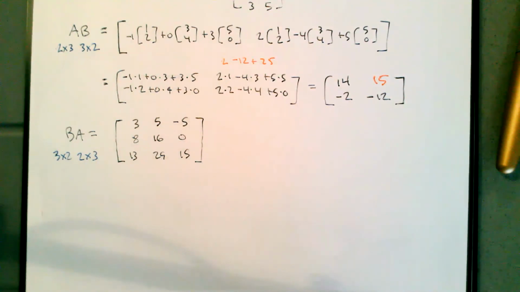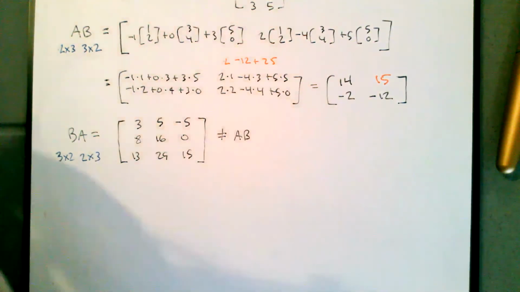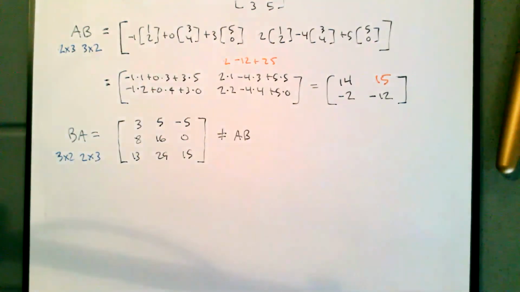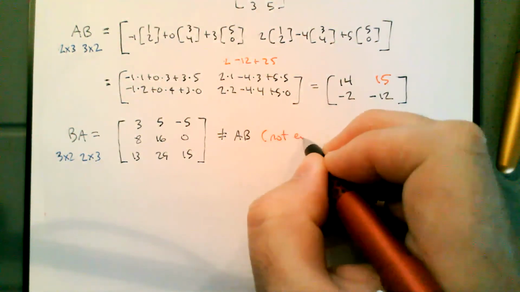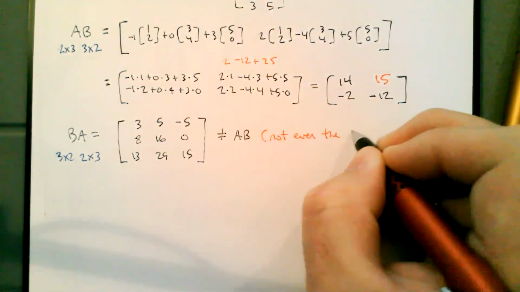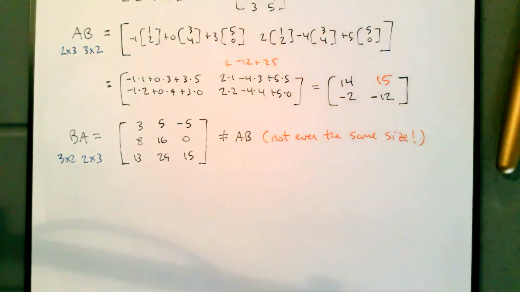More to the point that we're trying to make, this is not equal to A times B. It's not even the same size. So in general, matrix multiplication is not commutative.